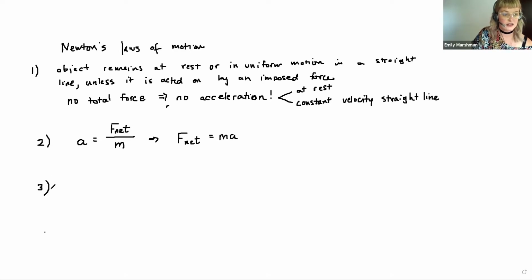Newton's third law tells us about where the force comes from in the first place. In order for there to be a force, there has to be an interaction between two objects.